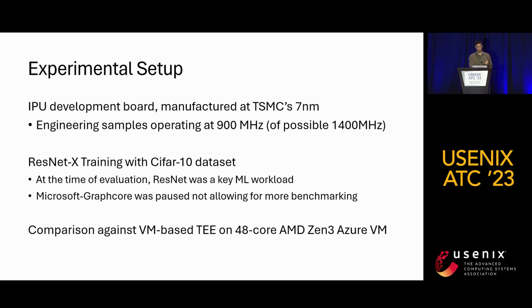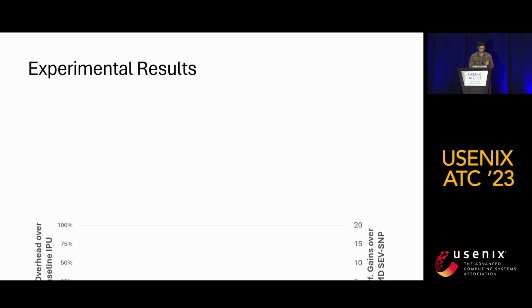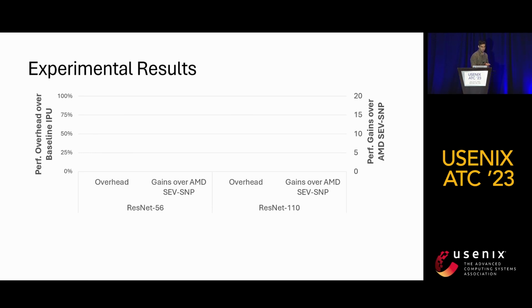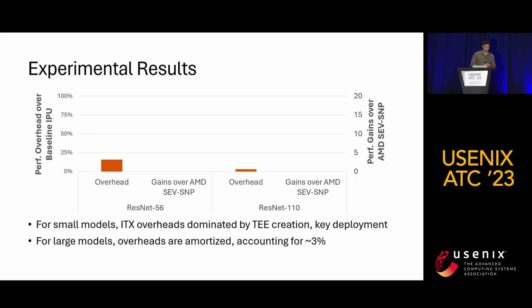I have one graph, and this graph plots a set of bars for each workload. The first bar is the overhead we have over baseline IPU. And the second bar shows the gains over VM-based TEEs, like AMD SEV-SNP.